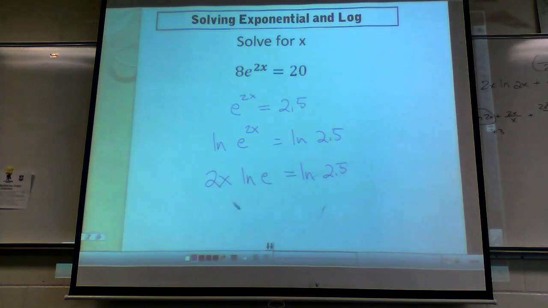So in essence, all you're left with is 2x equals ln of 2.5, because that's 1. What's ln of 2.5? 0.92, that's fine. And that's a much easier thing to deal with. If you use regular logs, you still could have done it. It's just that at this point you would have been dividing by 2 numbers, as opposed to just saying ln 2.5. So my last step would be divide by 2, correct? Yes. So 0.92 divided by 2 is? 0.458.